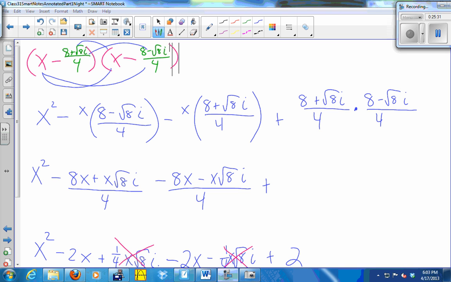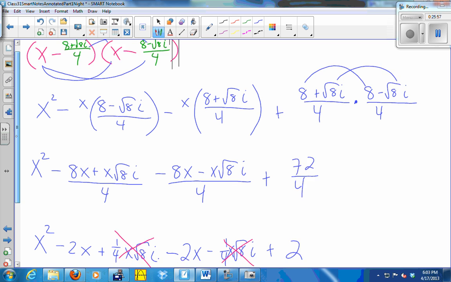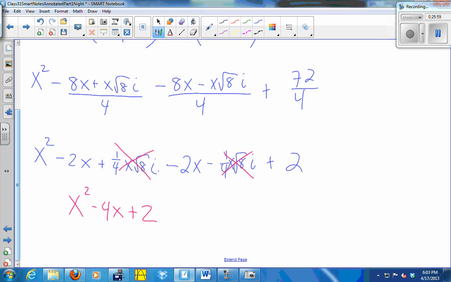So when I was foiling these two, I had 8 times 8, which is 64, and I forgot about it, right? My outer and inner canceled, and then I did the last, and I got negative 8i squared, which is positive 8, and I had to add that to the 64. So 64 plus 8 is 72 over 4. And then 72 over 4 is 18?